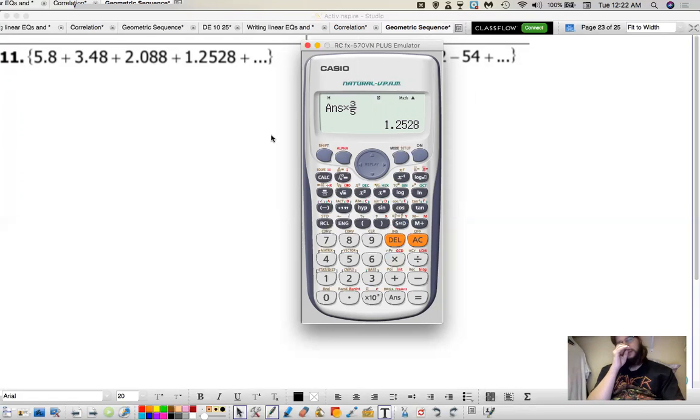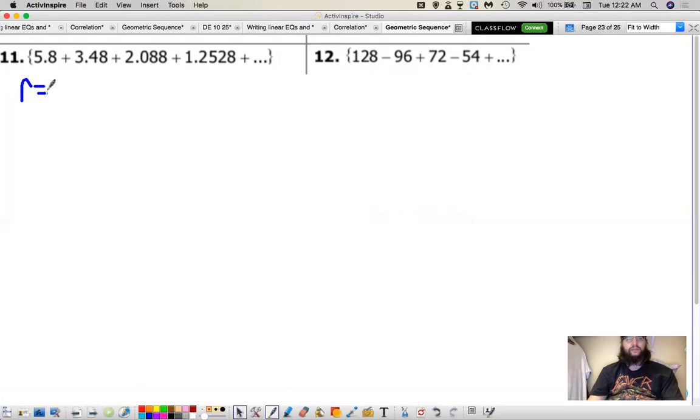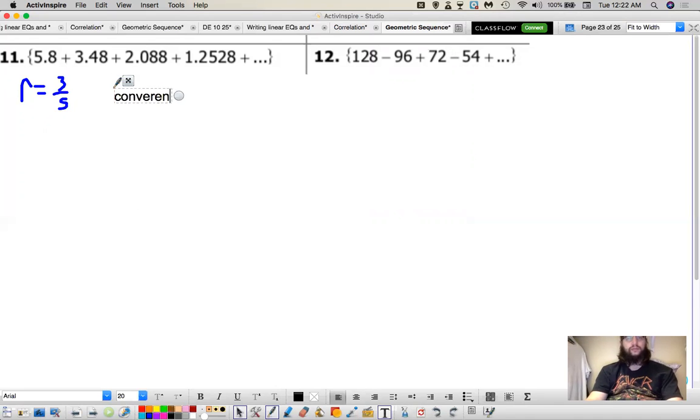So this is going to be convergent. R is 3/5. Convergent. Wow.